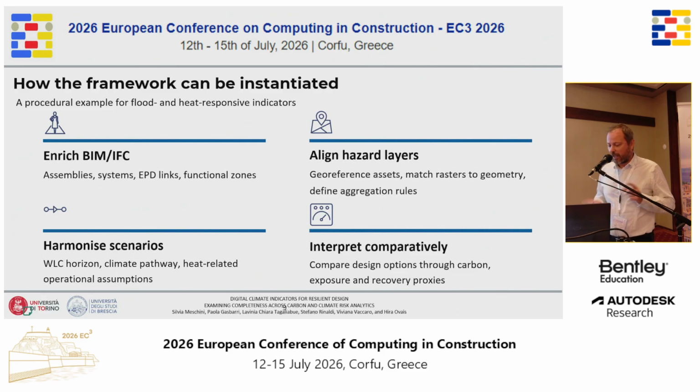We align the hazard layer, in order to geo-reference assets, match raster to geometry, and define aggregation rules. Then we harmonize the scenarios and the time horizon for the estimation of the different indexes, and then we can calculate the indicators for carbon assessment, climate risk, and resilience using basically the same common data sources.